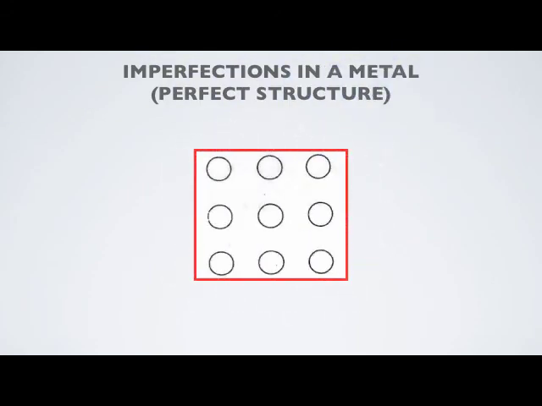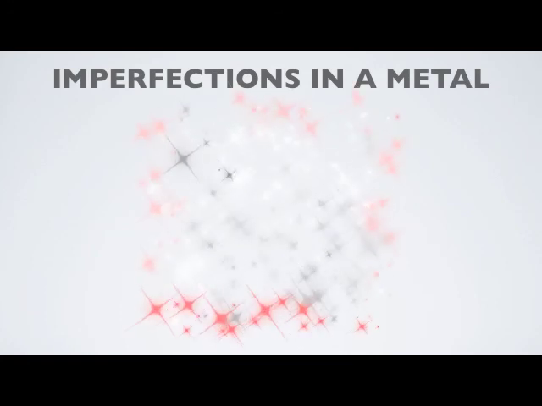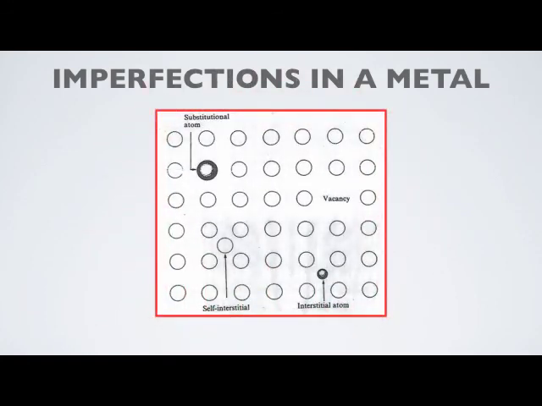What do we mean? This is how a perfect atomic structure should be: perfectly aligned and symmetrical, and times by million for a metal. Now with regards to imperfections, in all cases, this is what happens.